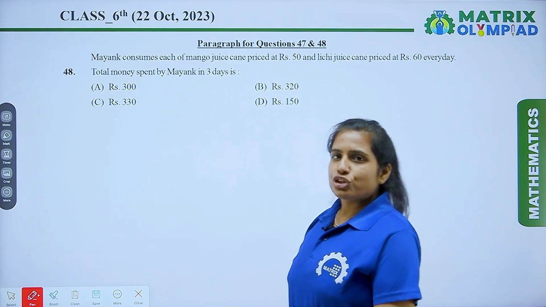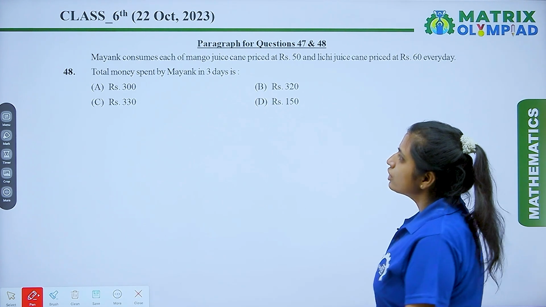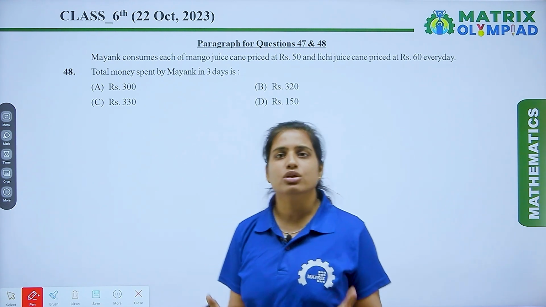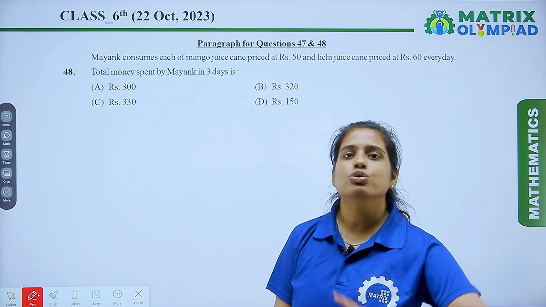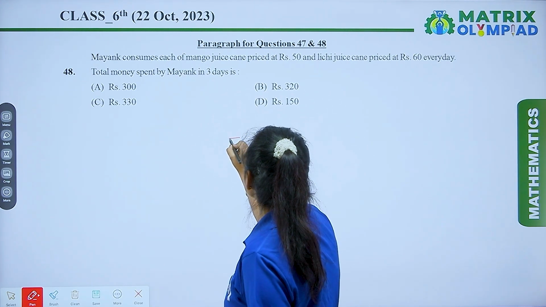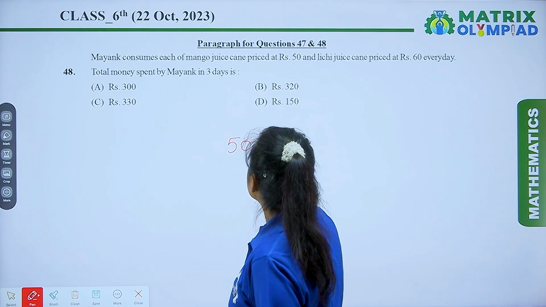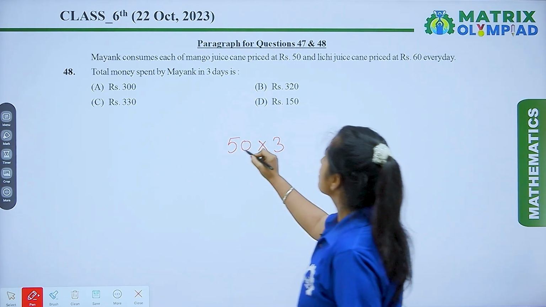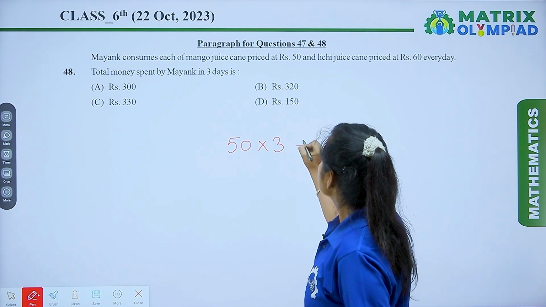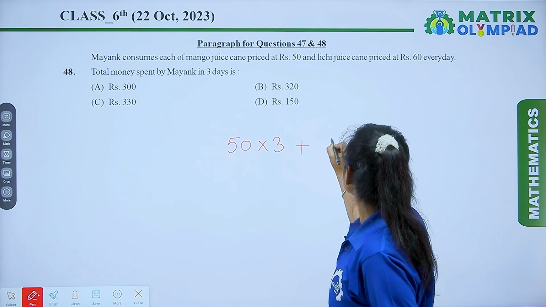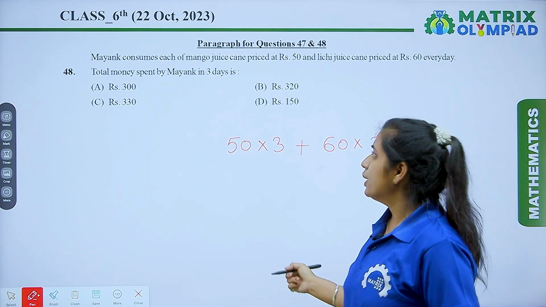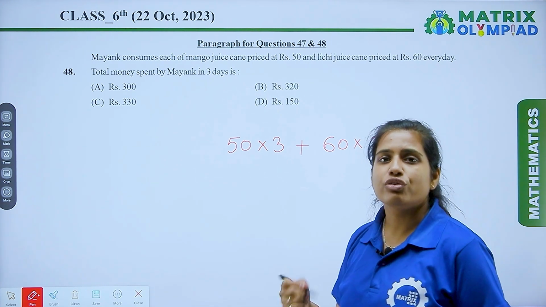Now the next question is question number 48. Total money spent by Mayank in 3 days is. So we have to find out the total money spent on these two juices, that is mango juice and lychee juice. So here mango juice cost is rupees 50 multiplied by 3 because continuously for 3 days he is consuming mango juice, plus lychee juice rate is 60 rupees and Mayank is also consuming lychee juice for the next 3 days also.